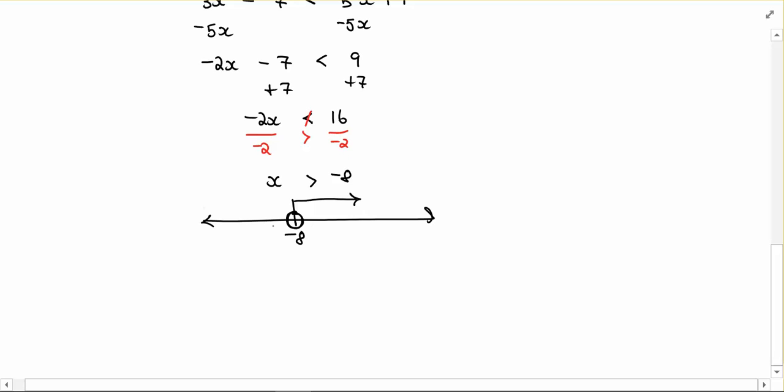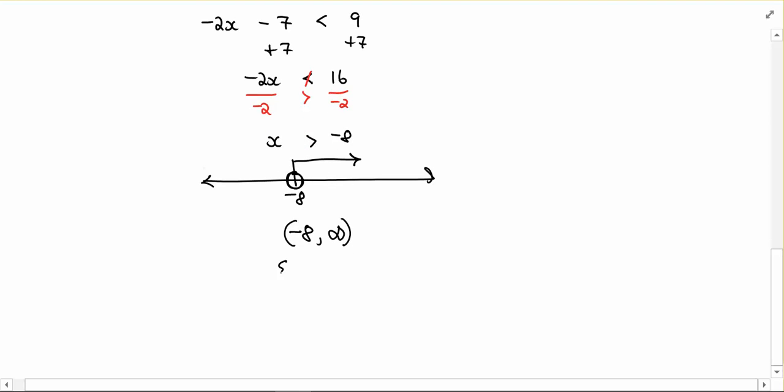And so in interval notation, this would be negative 8 to positive infinity, parentheses on both. And in set builder notation, this is x such that x is greater than negative 8.